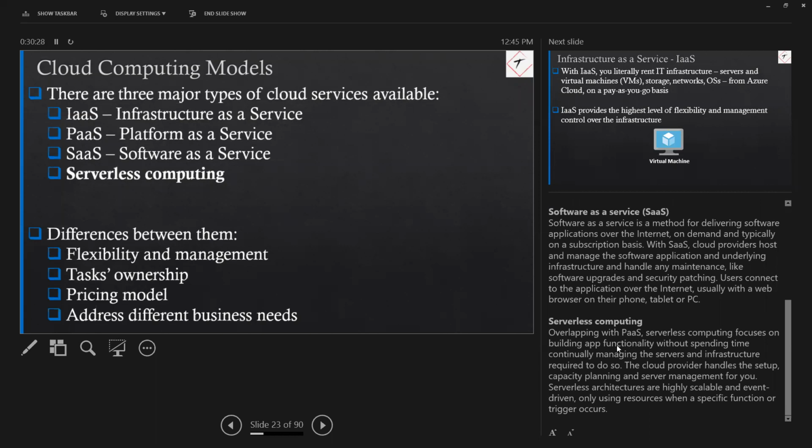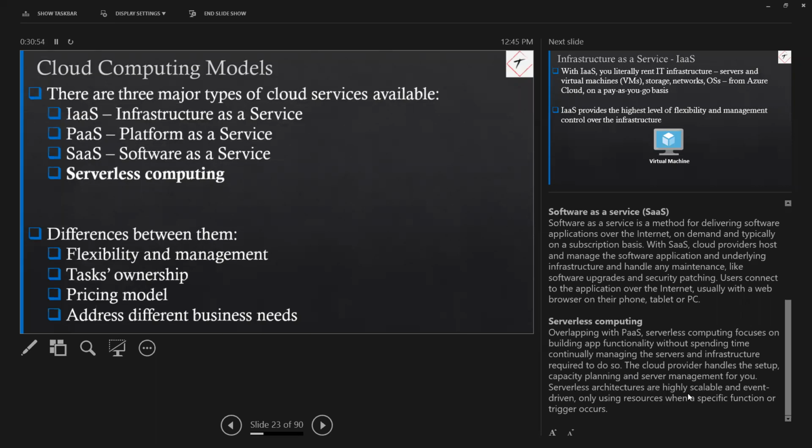Serverless computing is overlapping with platform as a service. Serverless computing focuses on building app functions without spending time on continuously managing the server infrastructure required to do so. The cloud provider handles setup, capacity planning, and server management for you.